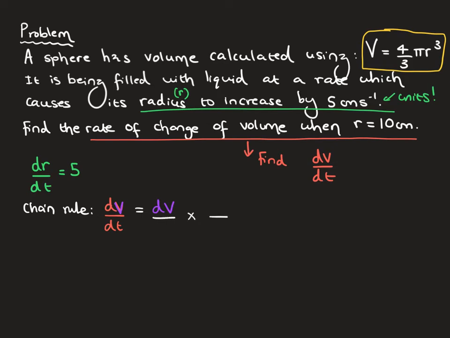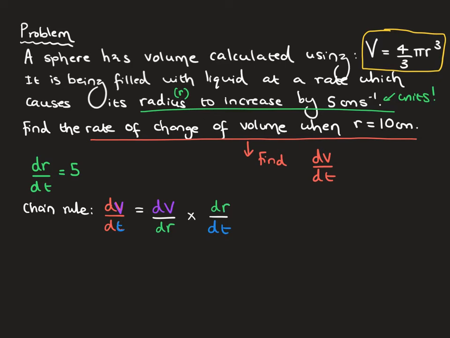Now, we want there to be t here, so we need part of this to be dt. Now, what's the only other variable involved in any of this? It's r. So what happens if I put dr here and dr here?